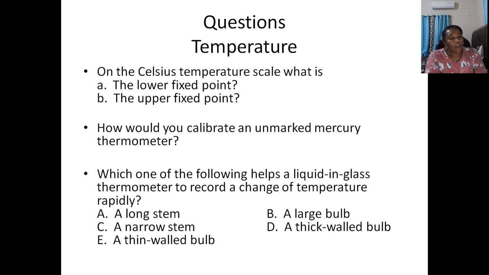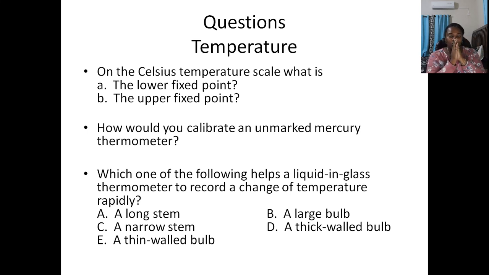Now, on the Celsius temperature scale, what is the lower fixed point? Correct, 0 degrees Celsius. And the upper fixed point is 100 degrees Celsius. How would you calibrate an unmarked mercury thermometer?